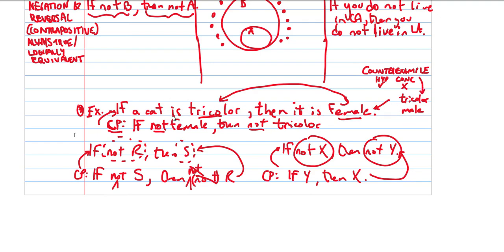In other words, we satisfy the hypothesis, because it is tricolor, but it is not female. It's male. So a tricolor male satisfies the hypothesis but contradicts the conclusion, which means a tricolor male would be a counterexample to this statement.